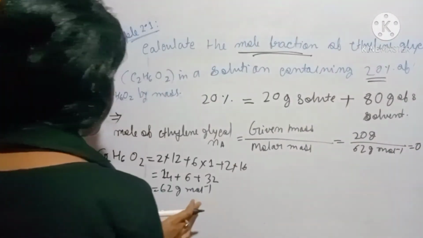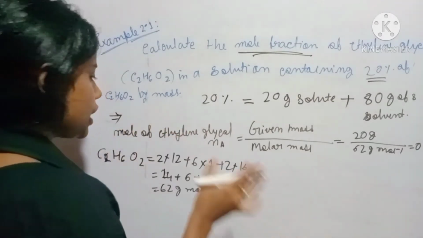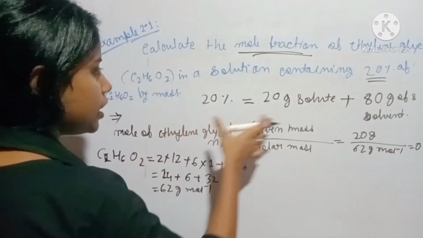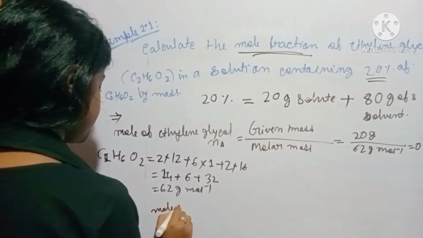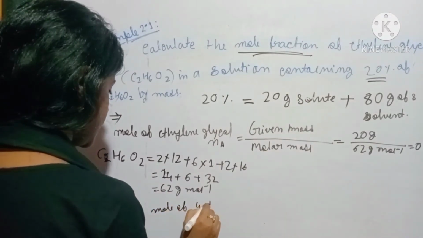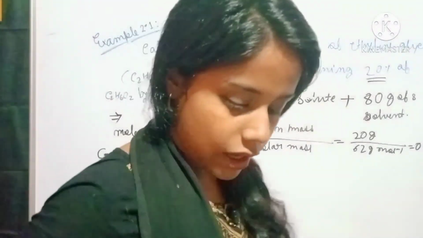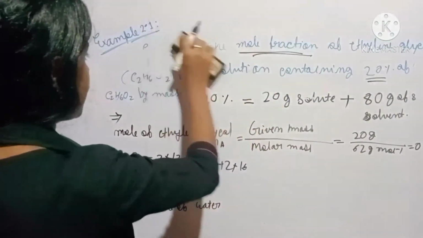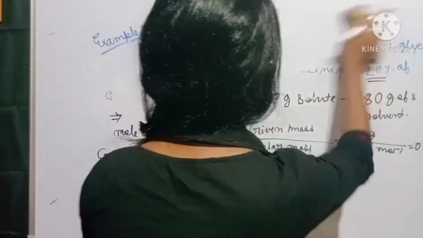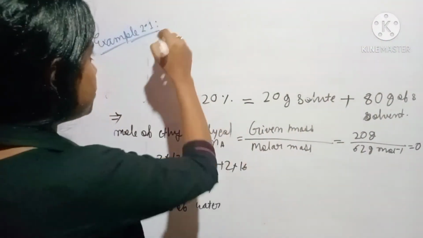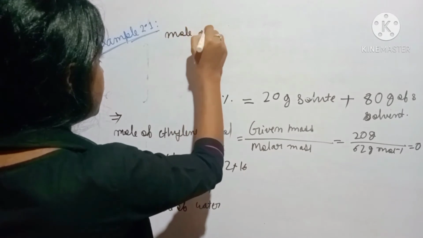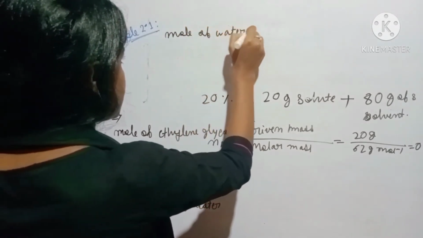And if we have to calculate the mole of water, so mole of water equals given mass by molar mass.